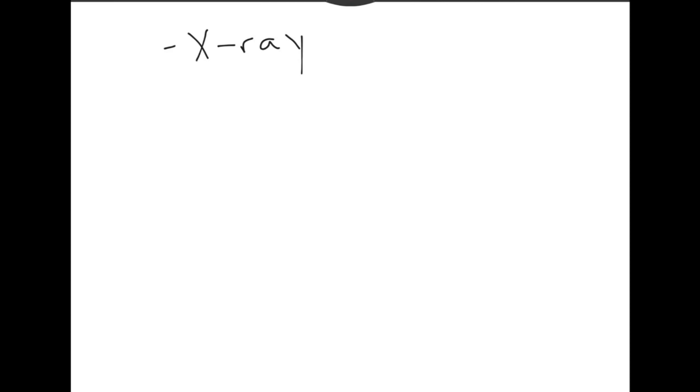If you can get a molecule to be a crystalline solid, you can shine X-rays through it, and the X-rays will hit the electron clouds around the atoms and scatter and make a pattern. We can run that pattern through a computer, and it will spit out where every atom is in the molecule. So if you have the right kind of crystal, you can use X-ray to determine R and S. You have to have a really big group on there, like a bromine, but you can figure out R and S from that.